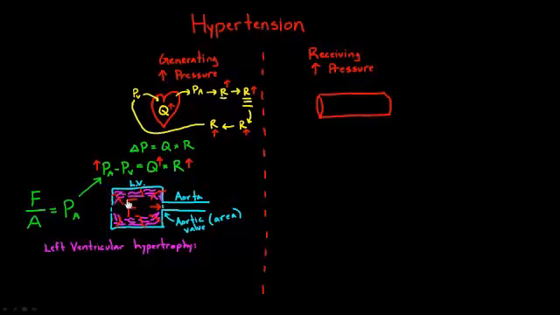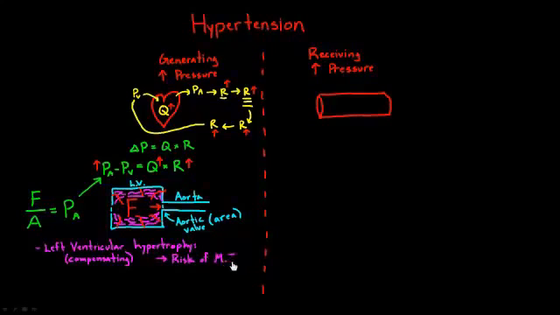And where the blood is unable to get enough oxygen to that heart muscle, you could have a heart attack, or a myocardial infarction. So left ventricular hypertrophy is a way of compensating for needing more force, but it comes with a little bit of a risk, because now you might have a risk of an MI, or myocardial infarction.